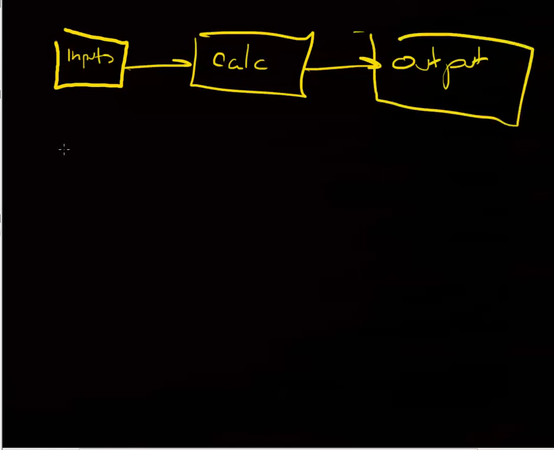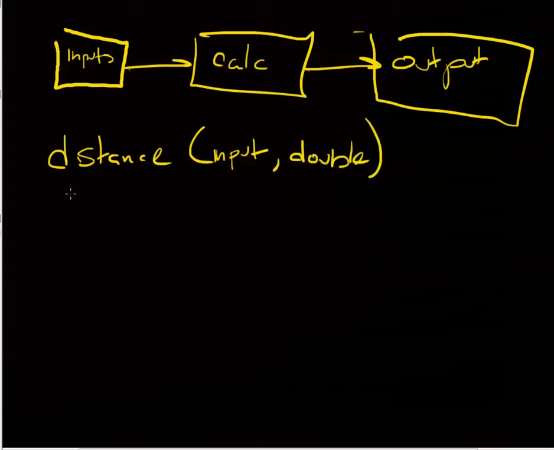We've got some variables here. We've got distance, and that's an input. And it'll probably be a double. It's a height. We've got acceleration, which is not really an input. It's not coming from the user.